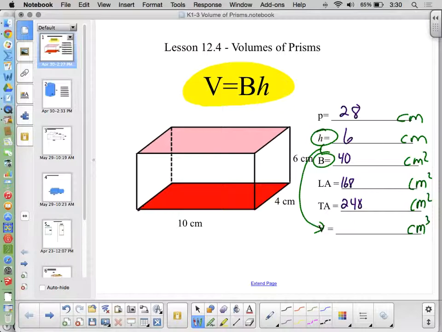And finally, my volume is the base area times the height, 40 times 6, or 240 centimeters cubed. That means if this is actually drawn to scale, I could actually fit 240 little cubes in here that are 1 centimeter on each side. That's how many would fit, exactly 240.